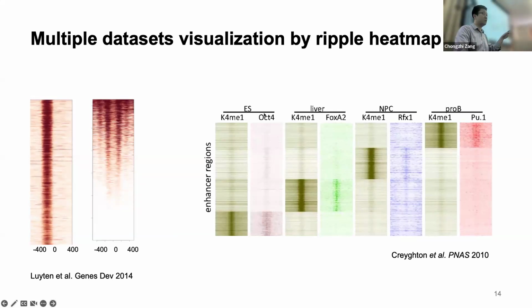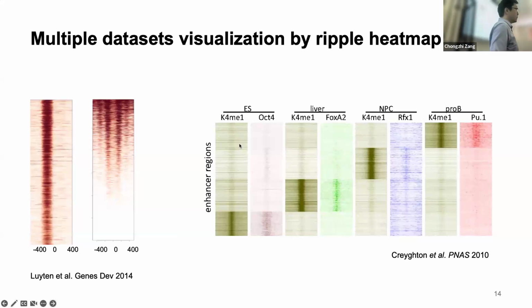For example, some of you will be reading this paper in this afternoon's discussion session. In this plot, for each region, they align the same regions across multiple heat maps.